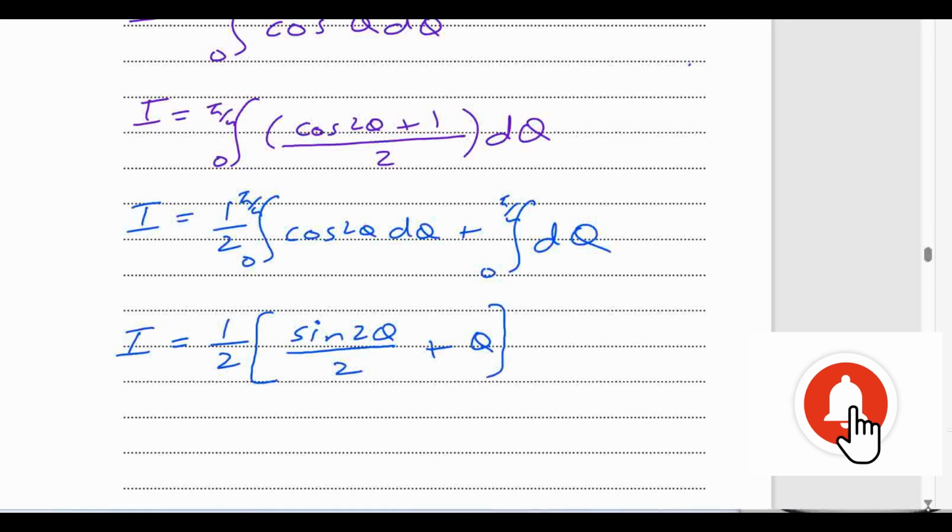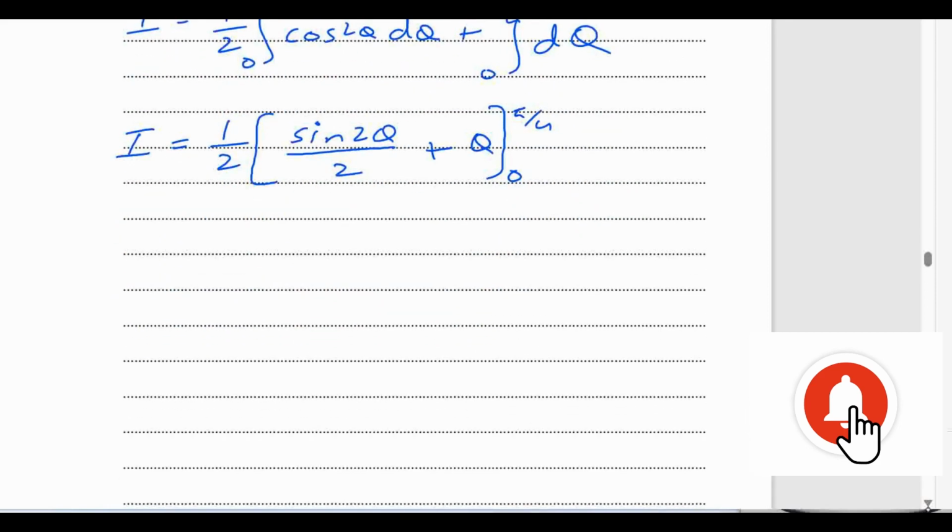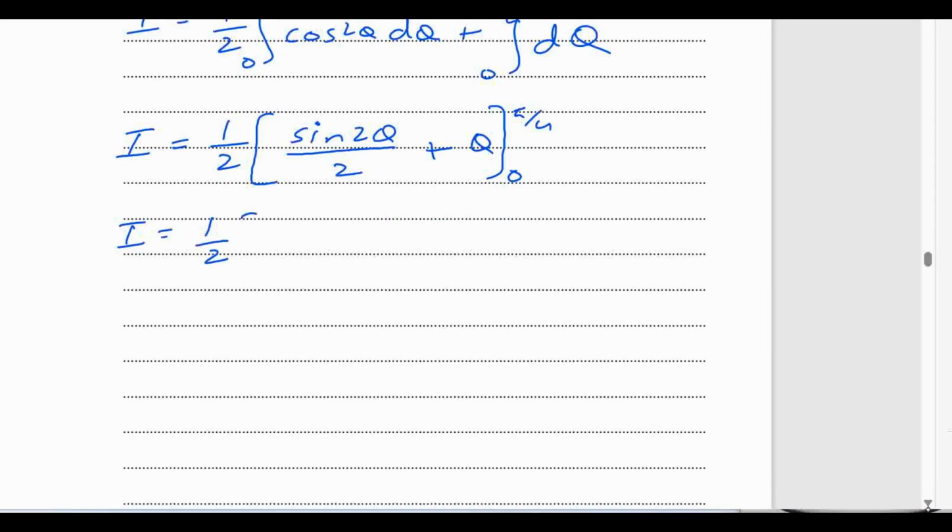So 0 to pi by 4. Now let's put the limit over here. So this will become I is equals to 1 by 2 sine 2 pi by 4 divided by 2 plus 0, upper limit minus lower limit.